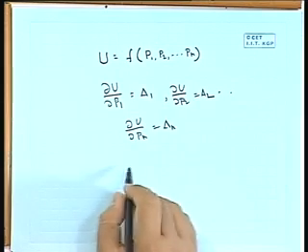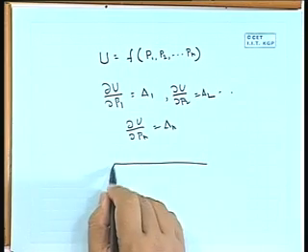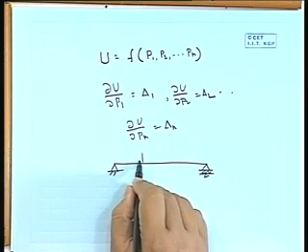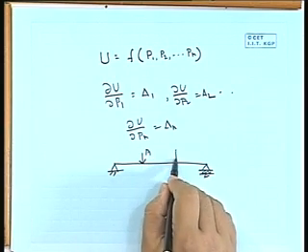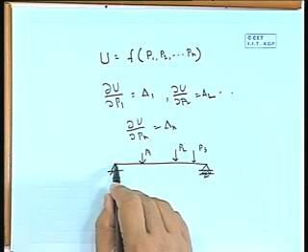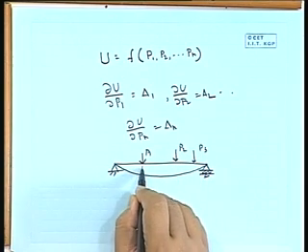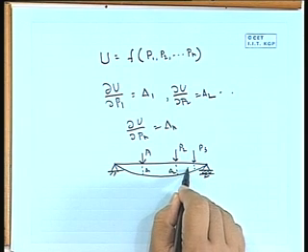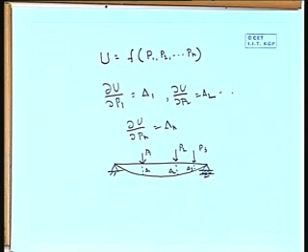I think if I draw a figure, it will be better. Say it is P1, P2, P3, this will be your delta 1, this will be delta 2, this will be delta 3, like this.